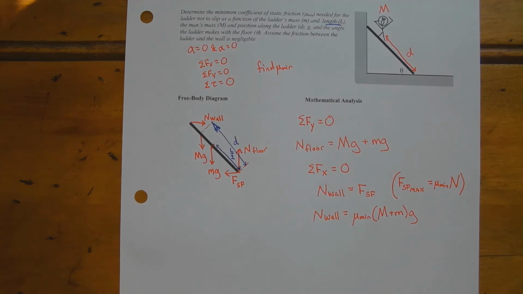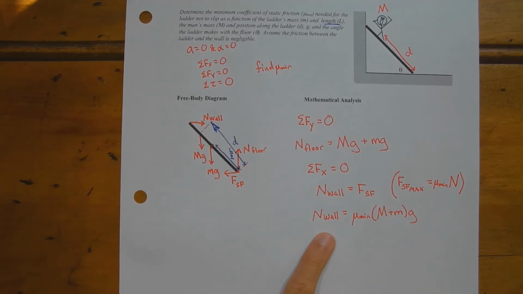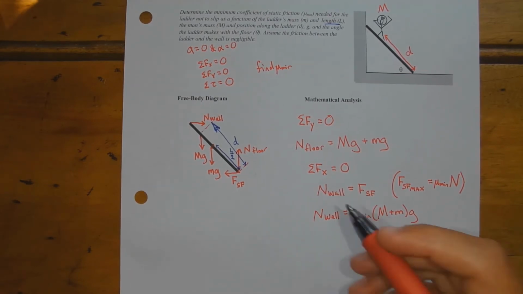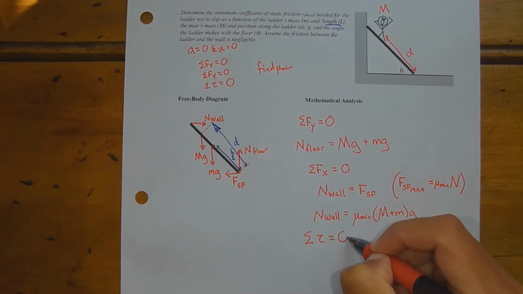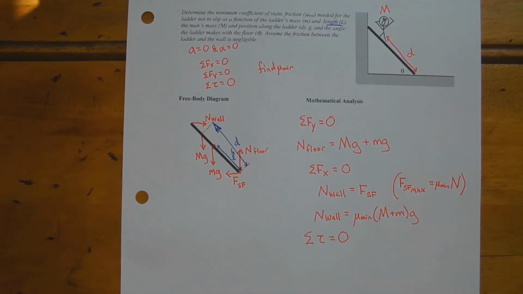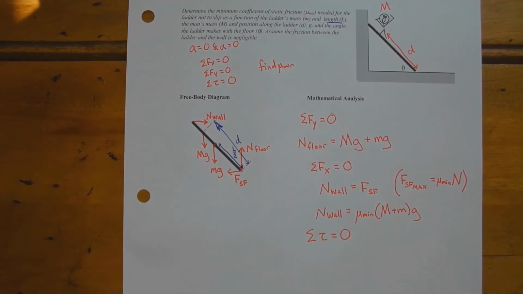So that's putting that in here and putting this in there. Okay, so I did the sum of the forces in the x direction and the sum of the forces in the y direction, and I still have this unknown value for the normal force of the wall. So now I have to look at the sum of the torques. And I have to choose a pivot point here because I have two forces acting where the ladder is touching the floor.